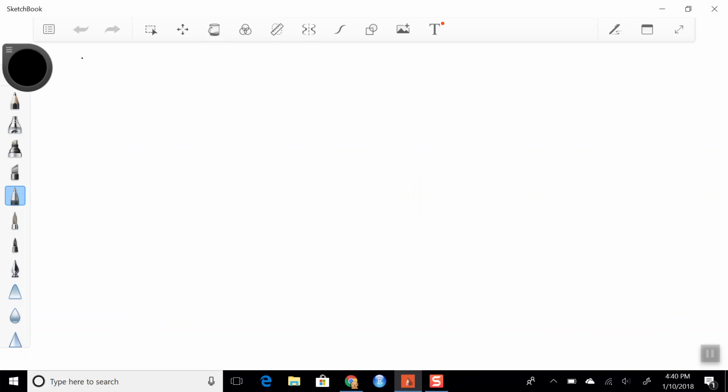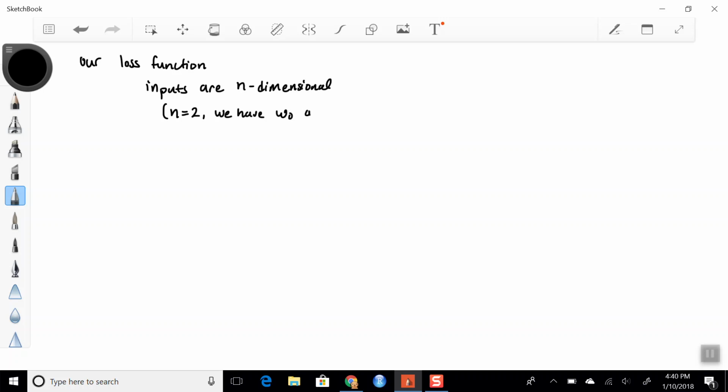So our loss function, the inputs are, in this case, n-dimensional. In our case, n is equal to 2 because we have w0 and w1.